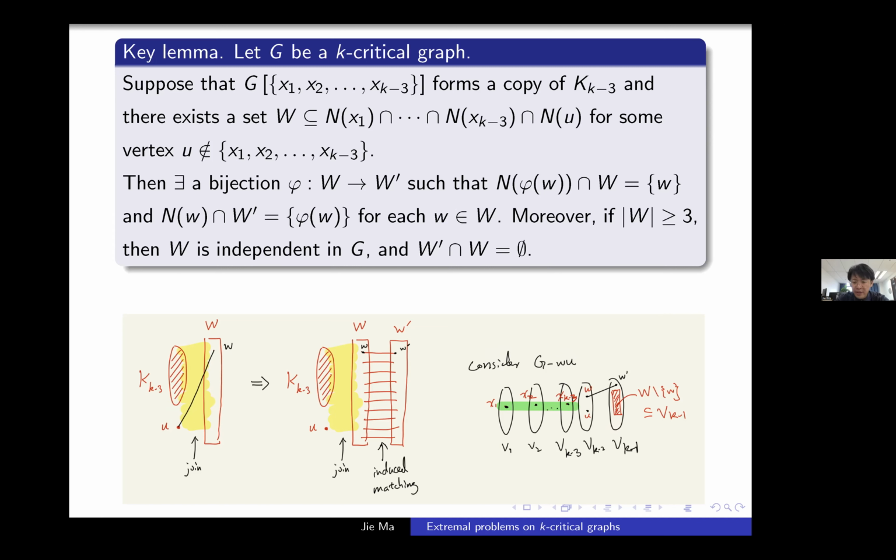Now by the definition of k-critical graphs, the chromatic number of this graph is k minus 1. Then we can partition the vertex set into k minus 1 independent sets, like this. I call them V1, V2, up to V_{k minus 1}. Now I want to consider where those vertices xi are located in those sets.